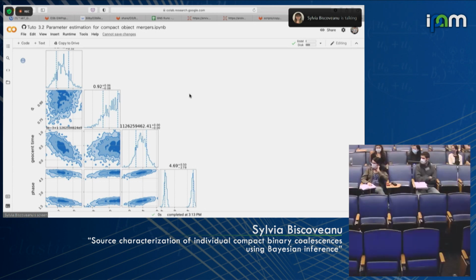Yeah, there's another question. This question is more related to the sine wavelet reconstruction, because as you said, with this kind of reconstruction, it's good because we don't have to think about whether it was a compact coalescence or an exotic compact object. But you said that we can only get the reconstructed waveform, without access to the astrophysical information.